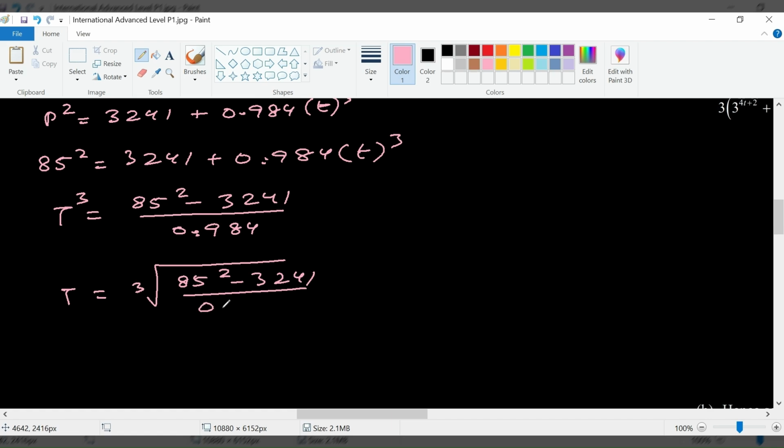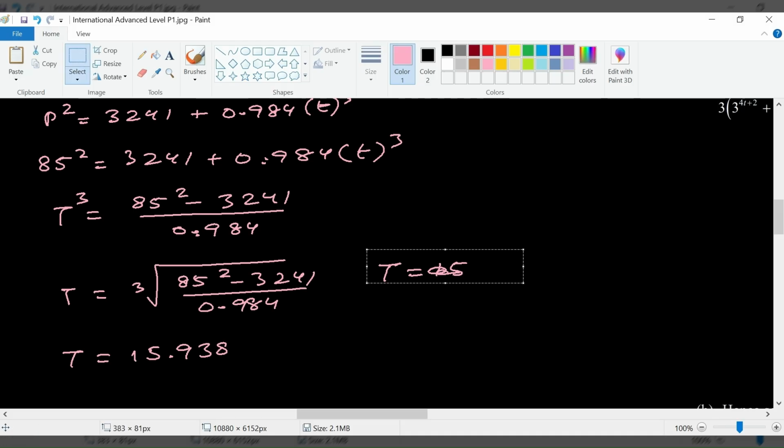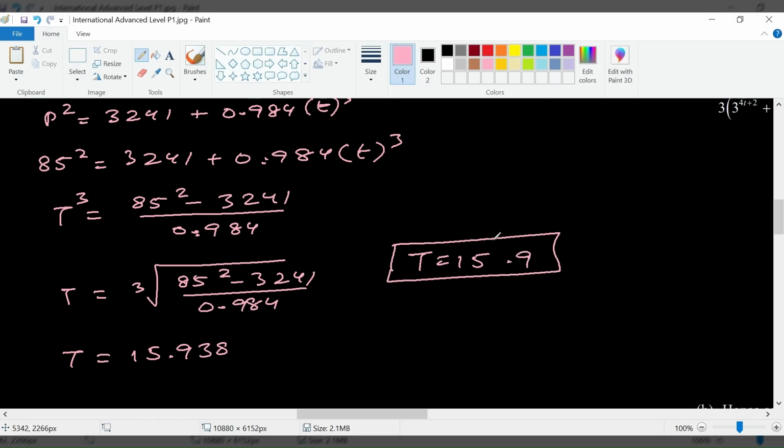Once we put this in the calculator, we get the value of t as 15.938. Since we need the answer in one decimal place, the final answer for t is going to be 15.9. The value of t is 15.9, which is the final answer for this part of the question.